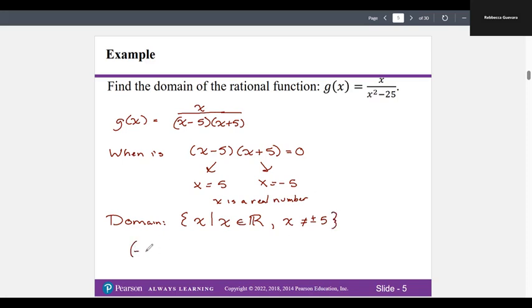Or you'd say, we go from negative infinity and then we hit negative 5. We have to skip over it, start on the other side of negative 5, and then we continue having x values that work up until we hit positive 5. So we have to stop before we hit it. Then we move to the other side of 5 and continue to infinity.